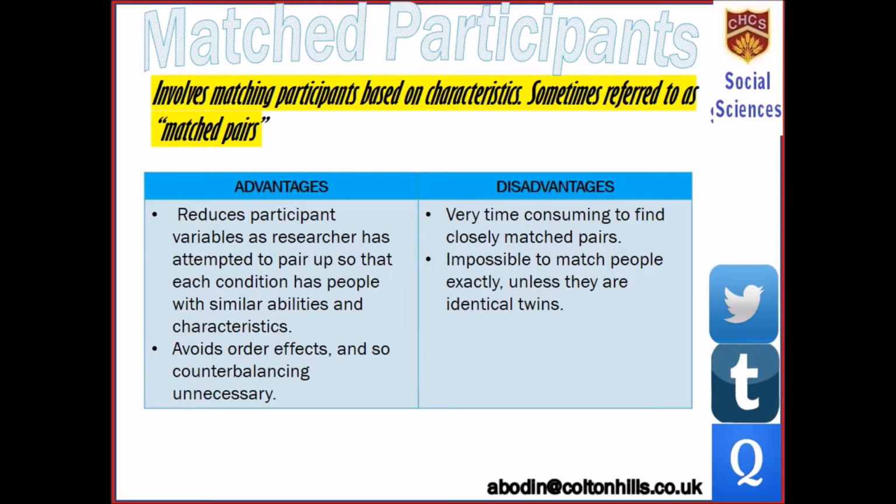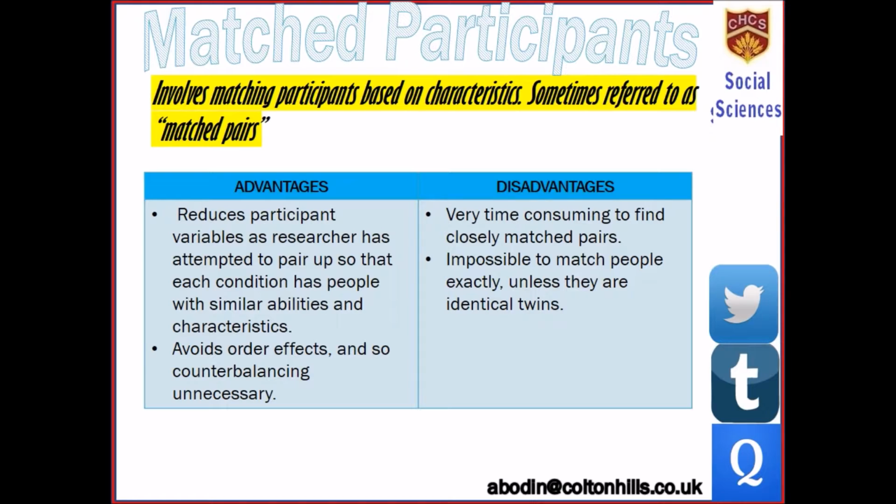So for example, you might attempt to combat participant variables by pairing up two individuals of the same age, and then what you'd do is you'd split them up and put one into the experimental condition and one into the control condition.